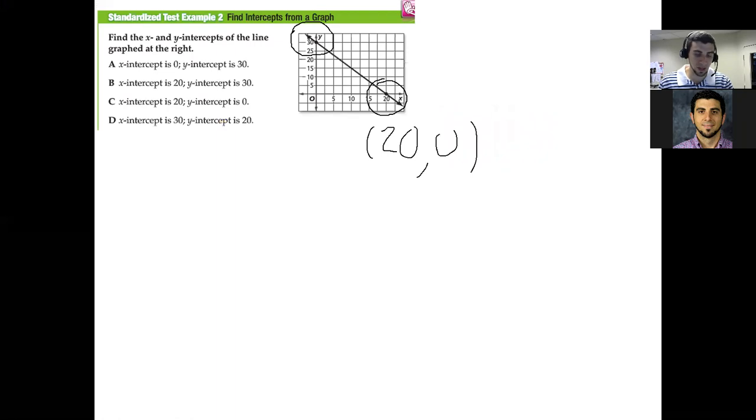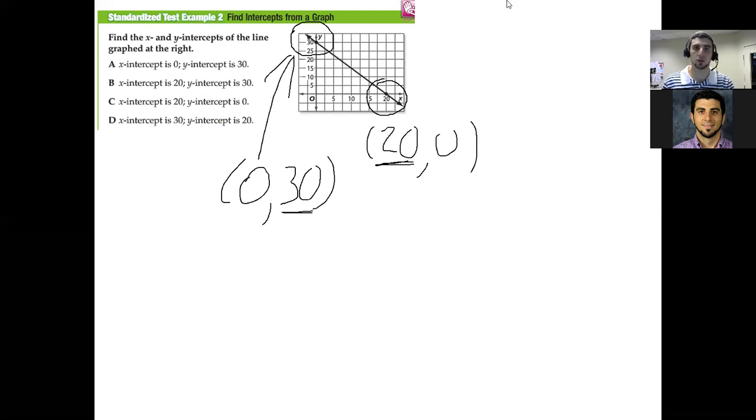And since the 20 is the x number, that's the x-intercept, is another way to think of it. This one, the coordinate would be 0, 30. Remember, you always move in the x direction first, and to get to this point, you don't go left or right, you just go straight up. So the y-coordinate is 30. So that's the y-intercept, and this is the x-intercept.